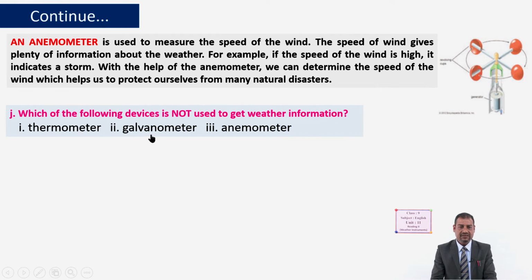Thermometer, galvanometer, anemometer. You have to read and find out. You can find it in this paragraph. Which device is not mentioned in this paragraph? That can be the answer.